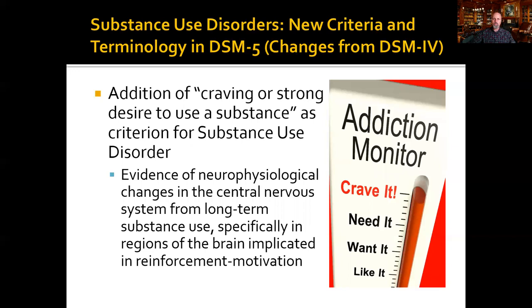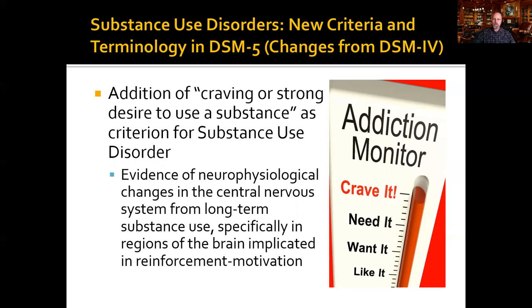But what happened was they found that people who had substance use disorders would show neurobiological signs that they were having craving experiences. One of the things that they did was they put people into functional MRI machines. They're basically machines that you can see brain activity in real time.